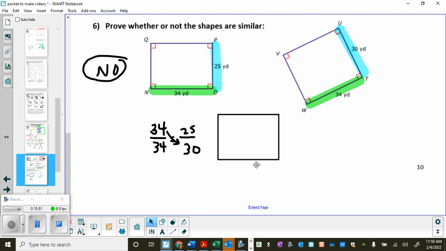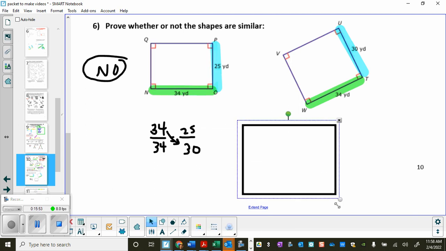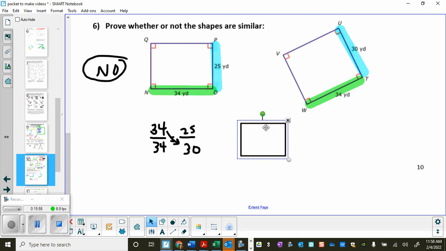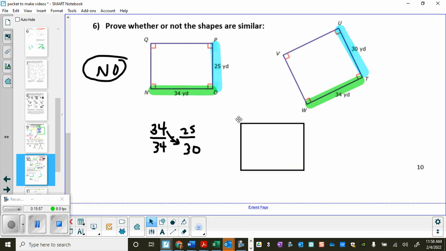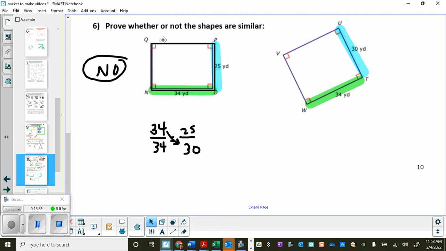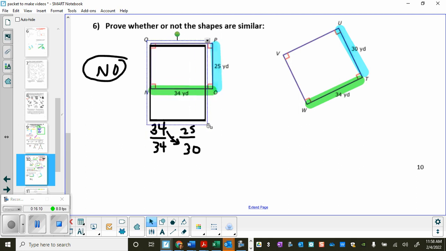So if it were similar, then everything grows and shrinks proportionally. Okay. So let me show you what happened again with this one. Instead of everything growing proportionally to make this, it looks like what happened was it stretched. Let me see if I can stretch it. There we go. See the stretch?